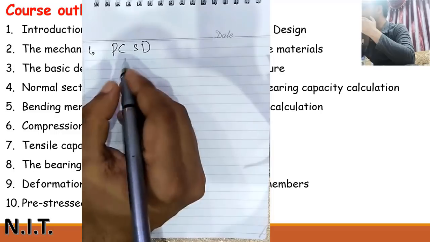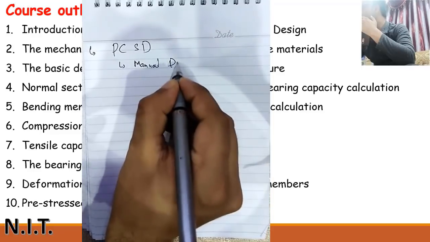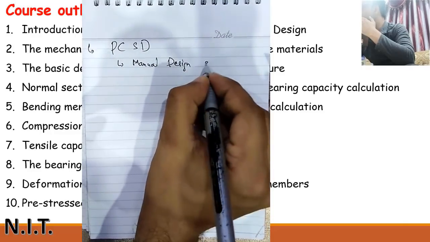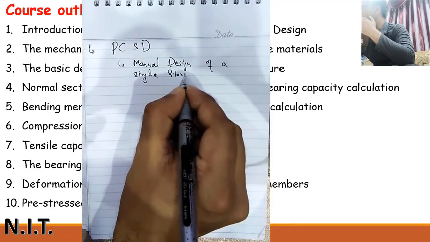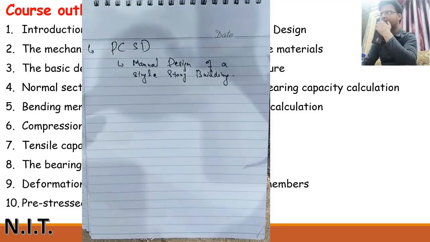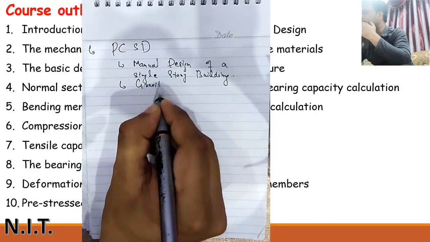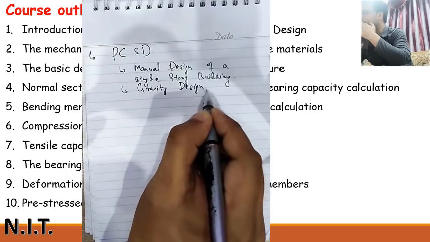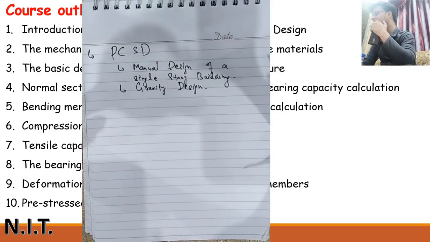In this course, the students will learn the manual design of a single story building, and this design will be a gravity design. This design will not be for earthquake resistant designs. You basically know about what is earthquake, what is seismicity, all these things maybe you know.